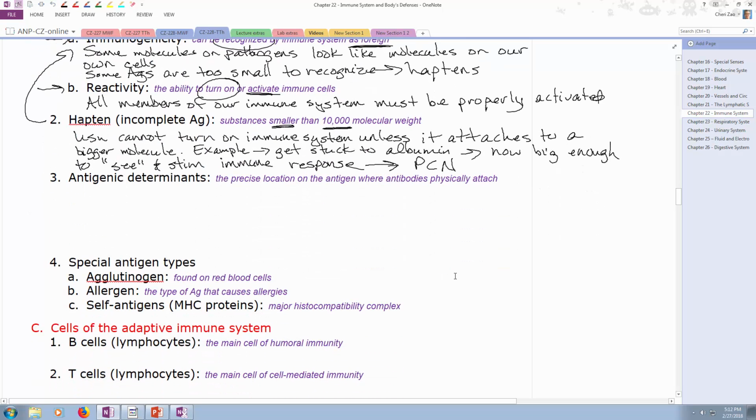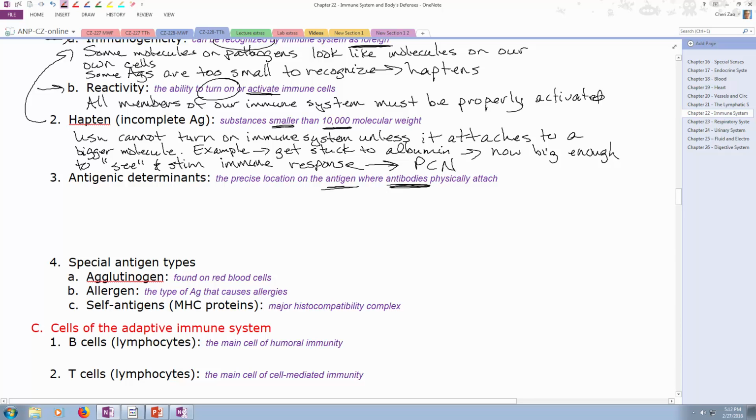And that brings me to that thing here called antigenic determinants. The precise location on the antigen, remember our antigen is considered a foreign material for the most part. Okay? The precise location on the antigen where antibodies physically attach.